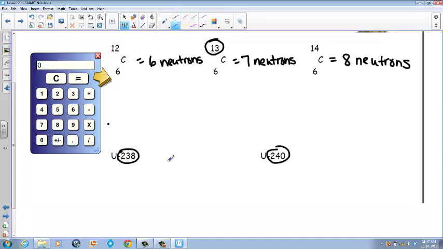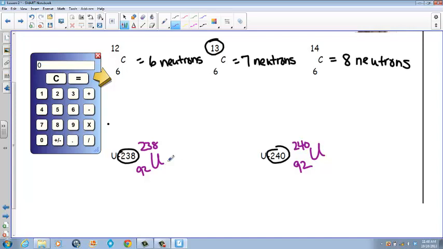So we're going to put that in here. Uranium has an atomic number of 92, and that's for all uraniums, okay, all isotopes. But the mass number has changed, so the 238 goes up here, the 240 goes over here. So it's going to change by, it looks like, 2 neutrons, right? 240 and 238, the difference is 2, so this is going to have 2 more atomic mass units because it has 2 more neutrons. So let's make sure our answer has that.